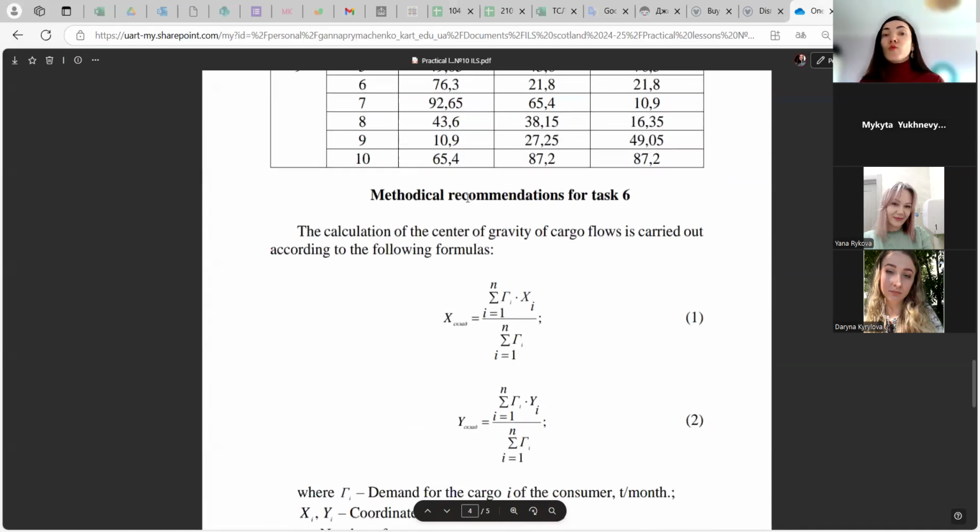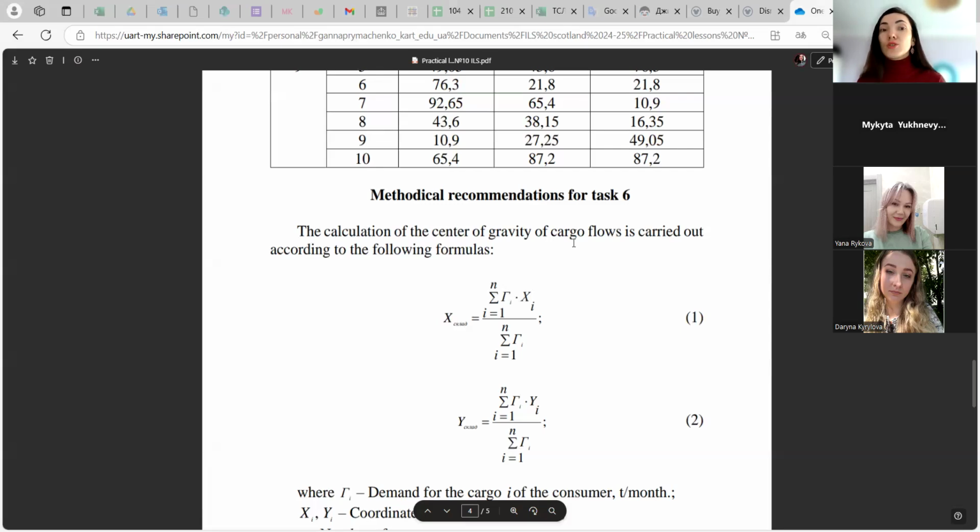We also have a methodical recommendation for this task, on how we can find the best place for the warehouse to deliver these building mixtures to every store, so that it is not very expensive. For the calculation we use the center of gravity method for finding where our warehouse is located.